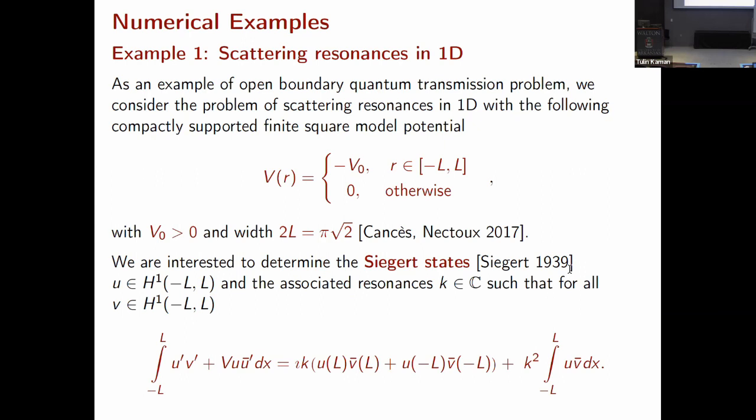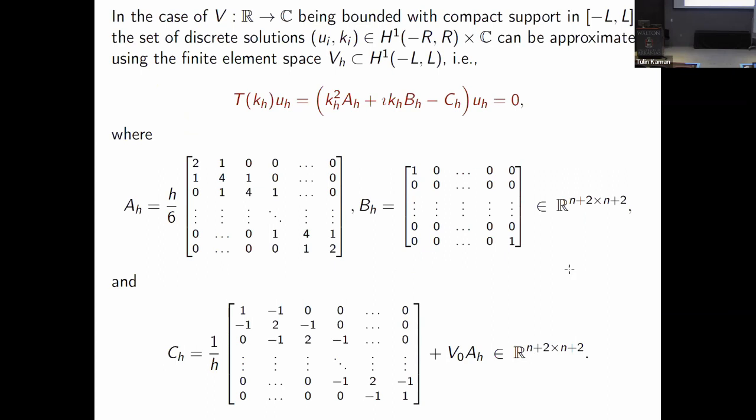We have some modeling potential, and this is a problem that we can write in terms of the underlying PDE formulation. Then we can discretize it using a finite element discretization on the particular domain. This brings us to the following nonlinear eigenvalue problem, where the coefficient matrices come from the finite element discretization, and we also see the potential.